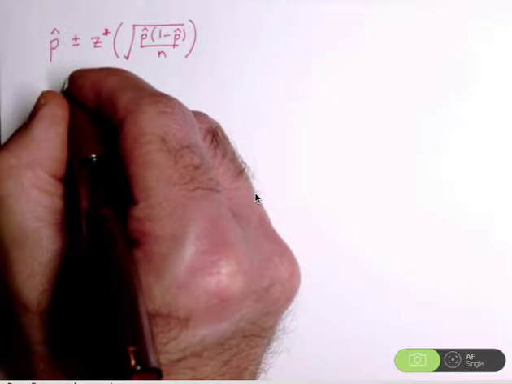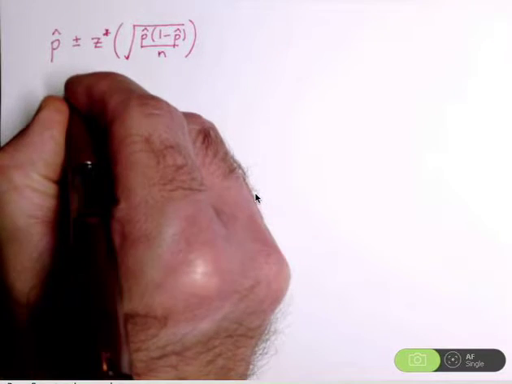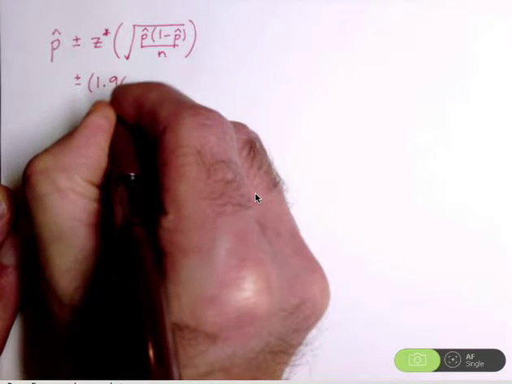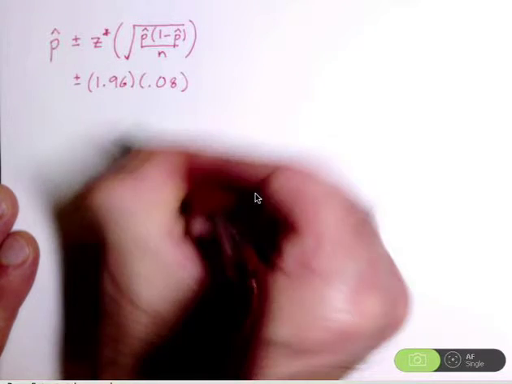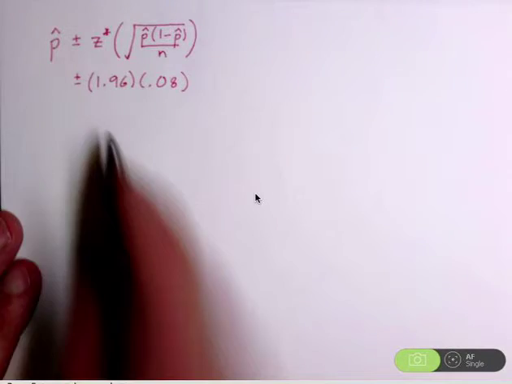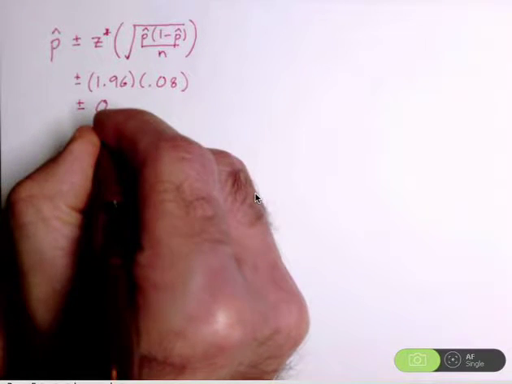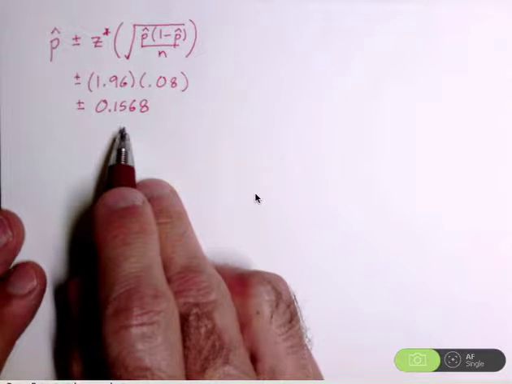And the margin of error that we established for that set of data was actually pretty extreme. So the margin of error in that situation was 1.96 times the standard deviation, and the standard deviation was 0.08. So understand this margin of error was plus and minus 0.1568. The margin of error was nearly 16%.